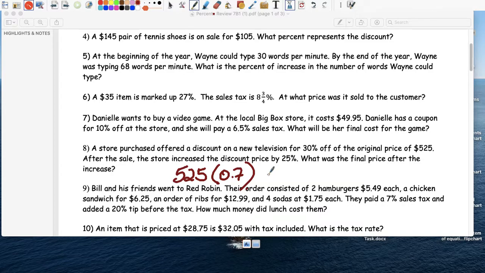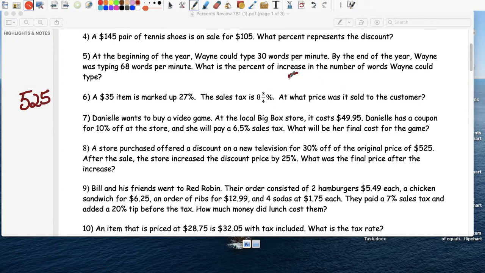All of a sudden, people started buying it, so I, as a store, am going to say, hey, look, it's going higher. So I'm going to increase it by 25%, which is 1.25. That's what I'm going to multiply by. So 525 times 0.7 times 1.25 gives us $459.38.